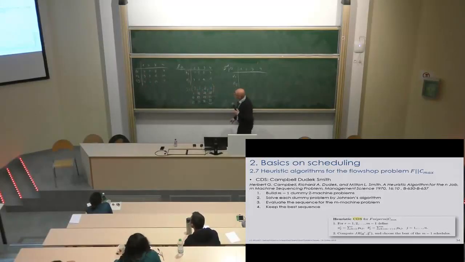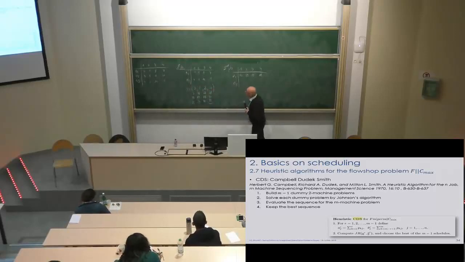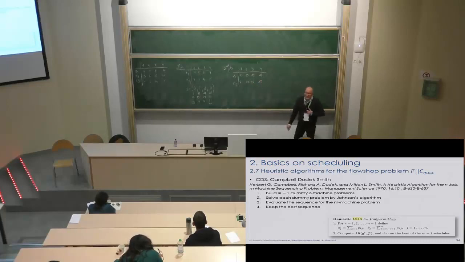So 7 plus 3 is 10, 5 plus 8, 9 plus 6, 7 plus 11. And on machine 2, I make the sum of the processing times on the last machine plus the machine just before. Okay, so 7, 10, 16, 12. And then I apply Johnson.